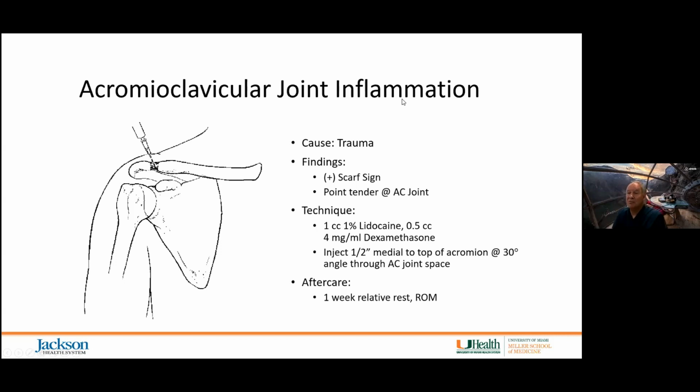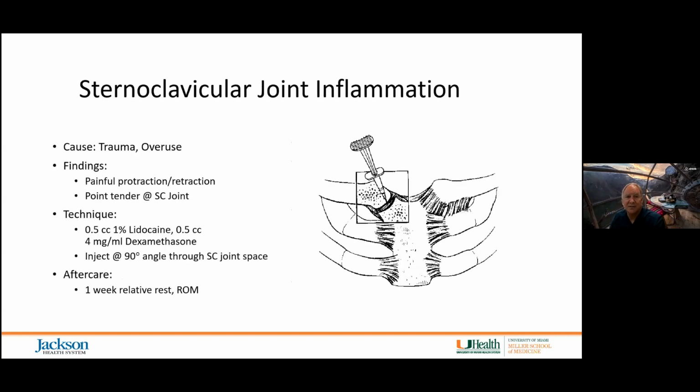With my manual wheelchair users, I'm not as conservative as I am with able-bodied individuals. We can try NSAIDs and ice in the short term, but after a week or so, if I'm not seeing significant improvement, I'm fairly aggressive about getting in and doing an injection to try to optimize their functional recovery as we come through this.